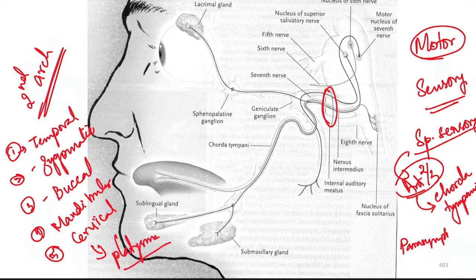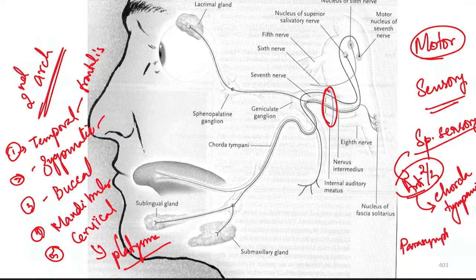Then the temporal branch supplies the frontalis, orbicularis oculi, and corrugator supercilii muscle. The zygomatic branch innervates the orbicularis oculi.